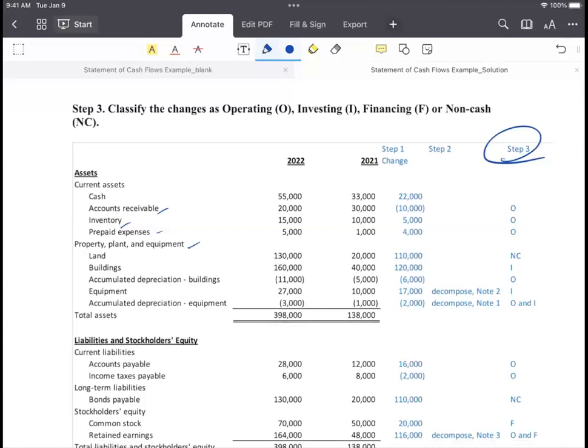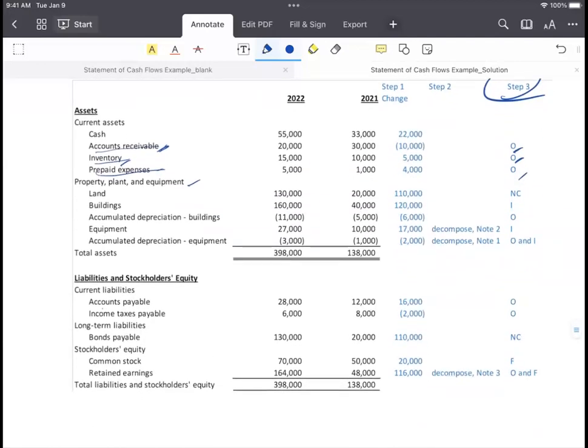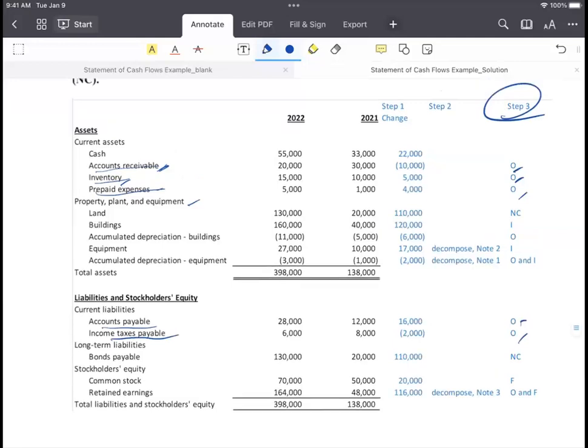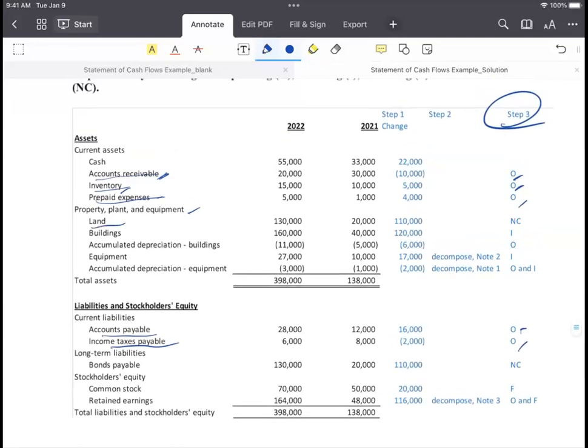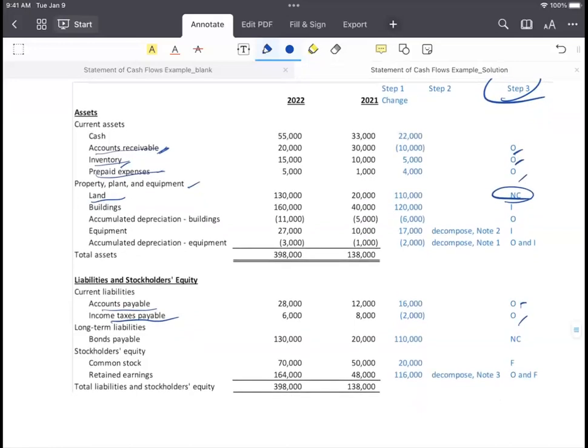But because the firm doesn't, accounts receivable, inventory, and prepaid expenses are typical operating activities, as well as accounts payable and income tax payable. And as we said before, the change in land, because it is financed by the issuance of bonds, involves no cash. That is a non-cash transaction.